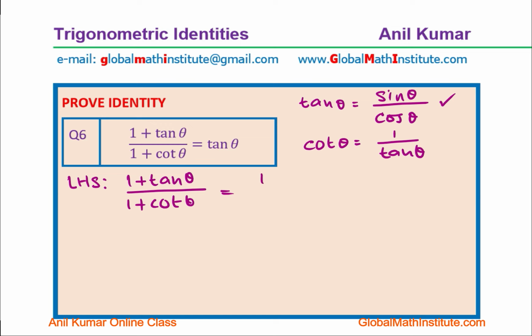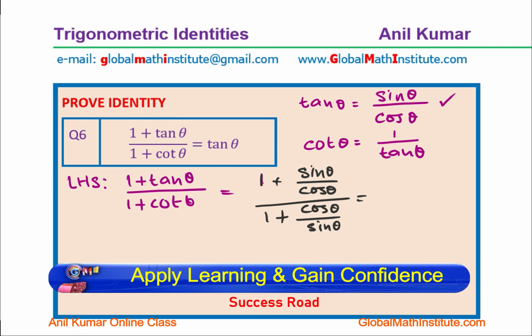So I can write this as, let me change the ink here, right? I'll write this as 1 plus tan as the ratio of sine theta over cos theta, right? And cotangent as a ratio of cos theta over sine theta. So let's take common denominators. So we get cos theta plus sine theta over cos theta in the numerator.